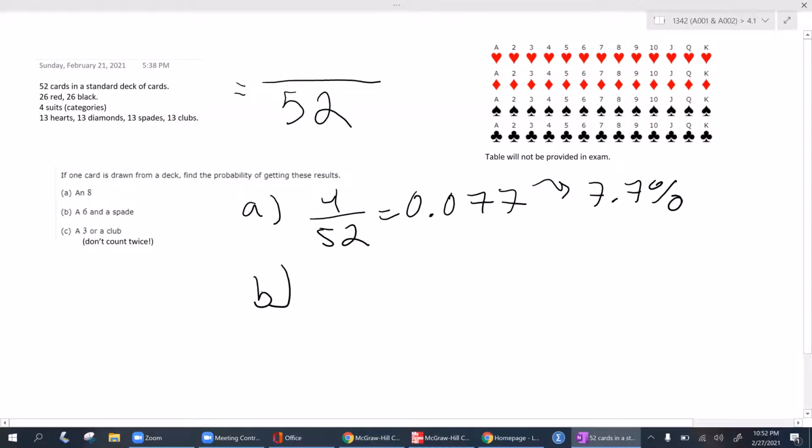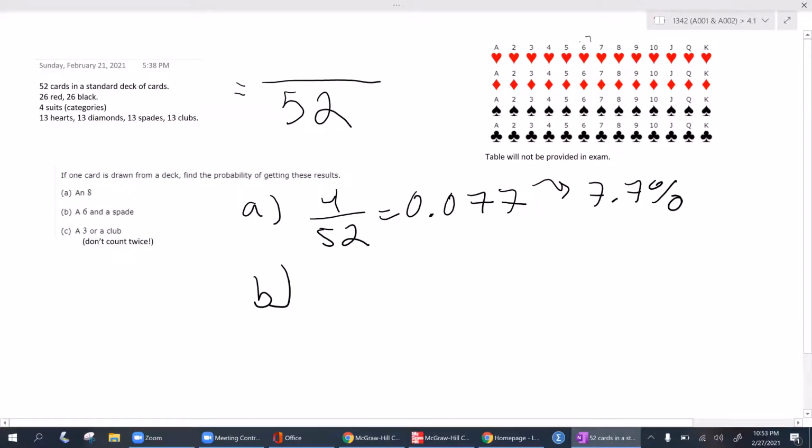B, the probability of picking a 6 and a spade. Remember, you're only drawing 1. So I'm going to find where these intersect.